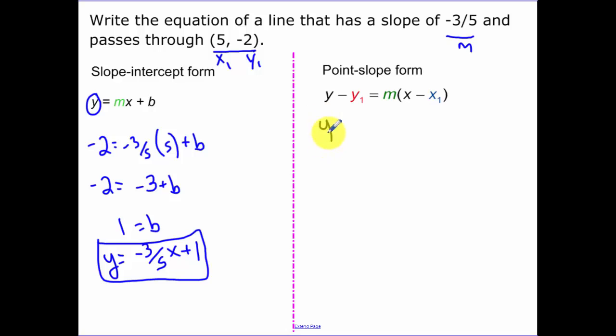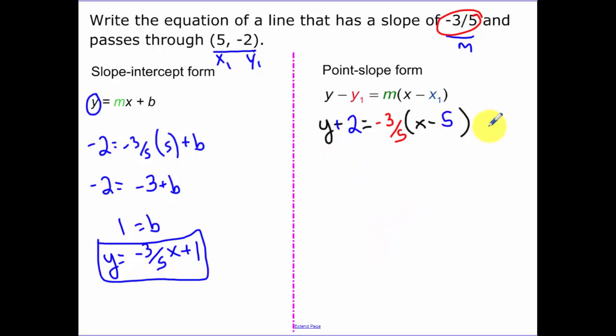We have y minus y1, which is negative 2, equals my m, negative 3/5, times x minus x1, which is 5.